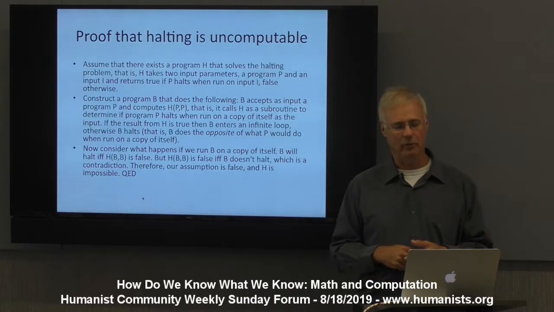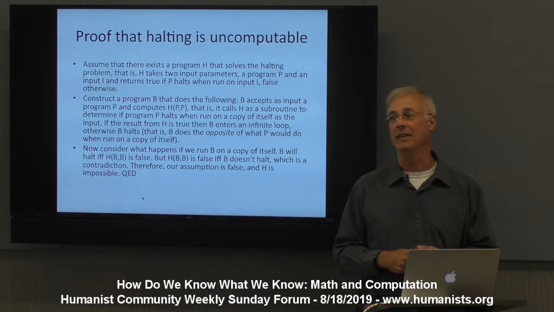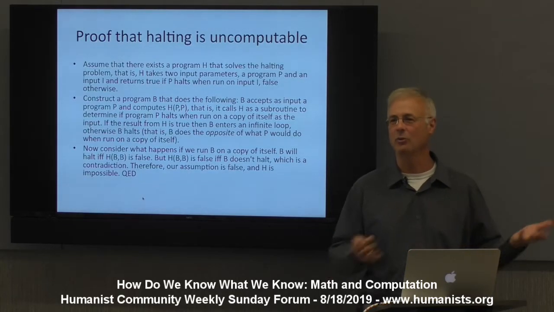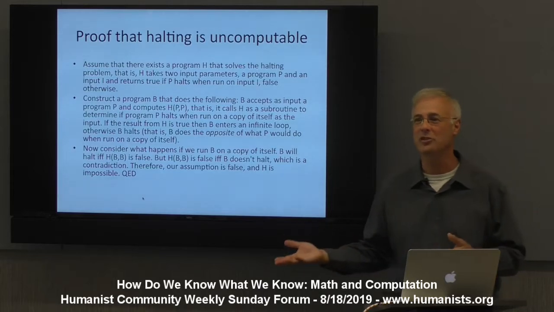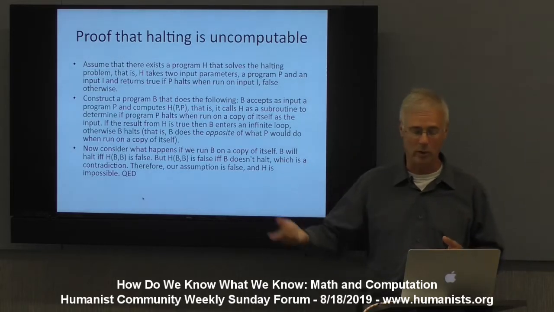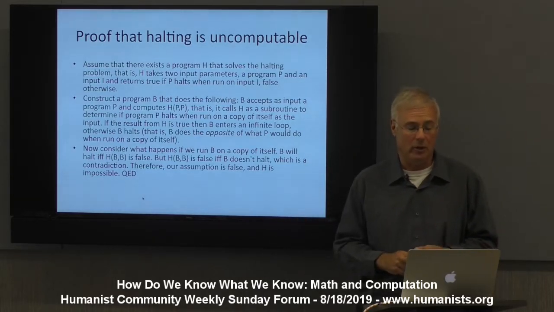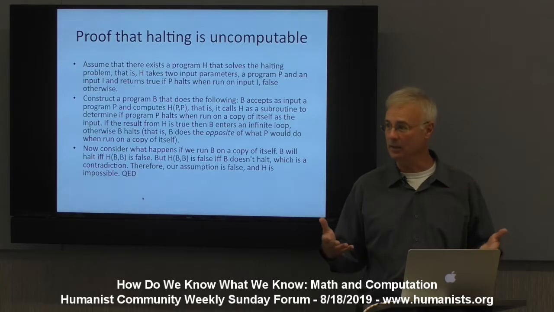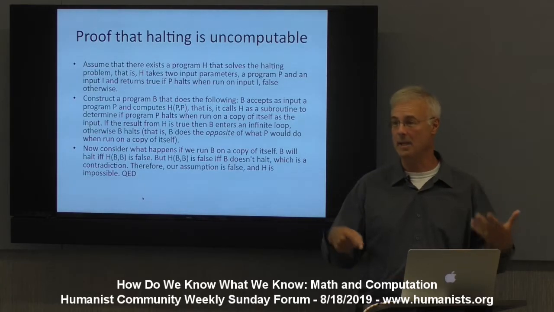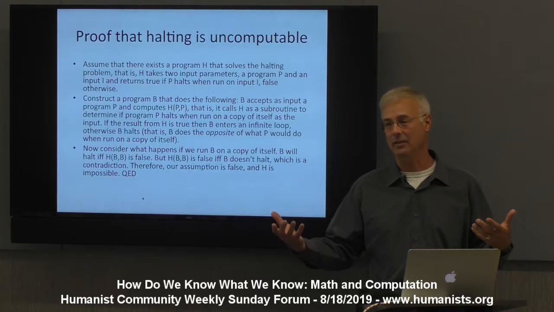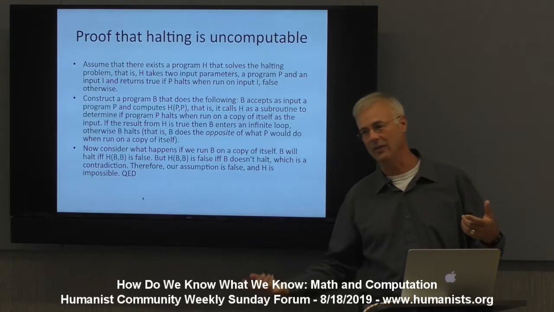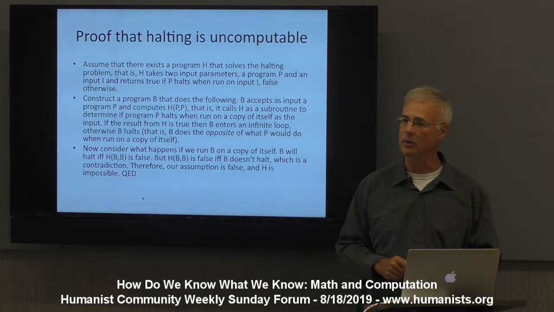Now consider what happens if we run B on a copy of itself. And what's going to happen here is exactly the same thing as we saw in Russell's paradox and the barber who doesn't shave himself. We're going to get into this weird infinite loop. B will halt if and only if H of BB, because we're running B on a copy of itself as an input, and B takes that input and sends it to H. So H is now running with a copy of B as its input.